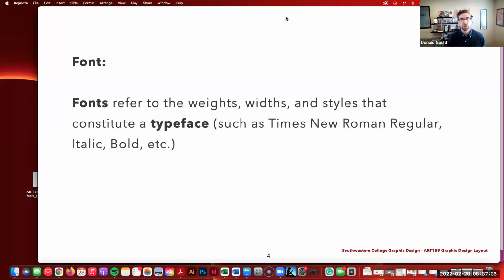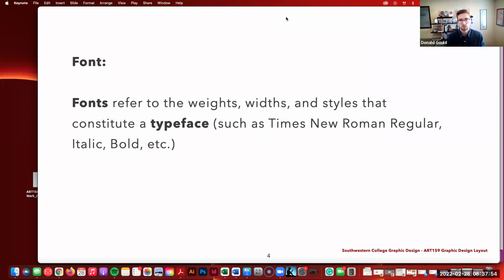So again, referring back to Times New Roman, that would be the typeface. And then the fonts would constitute the actual weights of those typefaces, the widths of them, whether they're really skinny or whether they're extended. Those would be things like italic and bold, condensed, extended, so on and so forth.